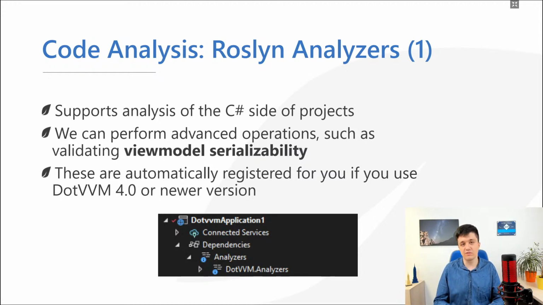Just reference DotVVM 4.0 or newer, and this is not really only tied to Visual Studio. You can use it in any other modern IDE of your choice, for example Rider or something similar, not only Visual Studio.